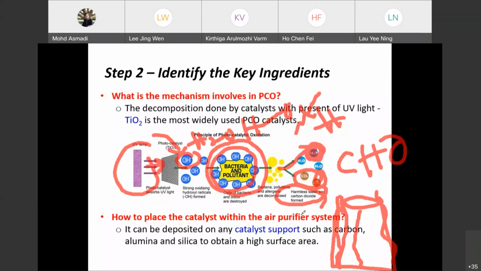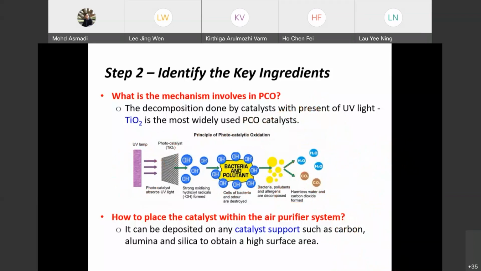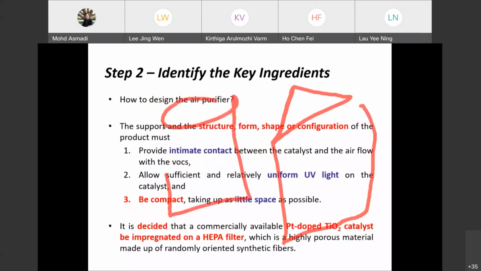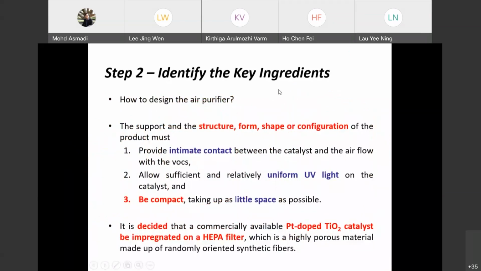So how can we design the air purifier? This is more about the configuration, how to design after the key ingredients. We look at the configuration, the structure, the form of the air purifier, whether you want to make a triangle shape, or cylinder, or rectangle. The main thing you have to consider is to provide intimate contact between the catalyst and the airflow.